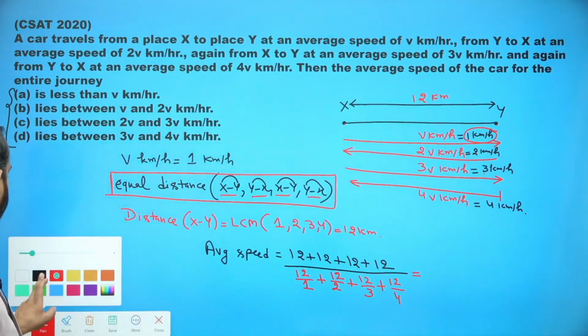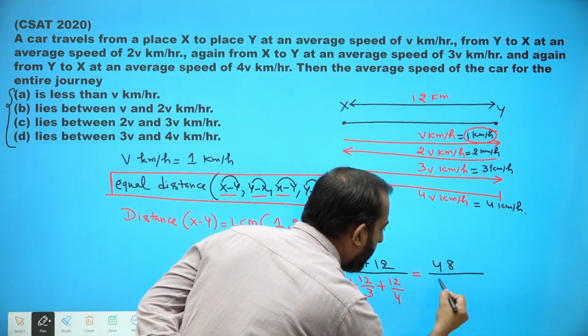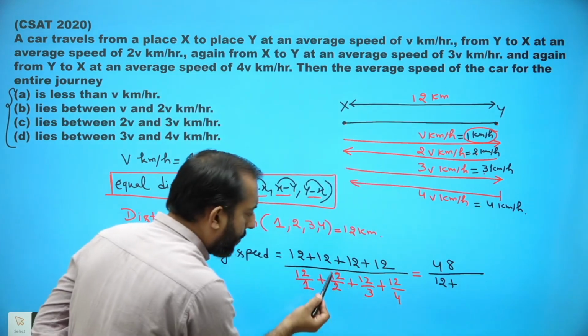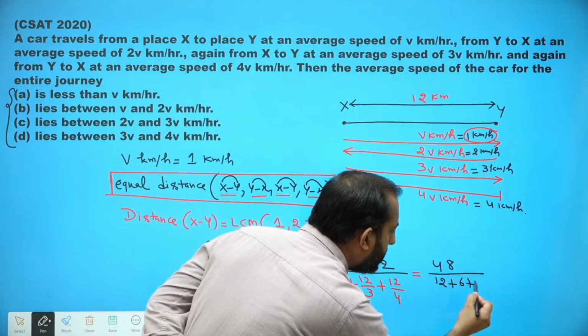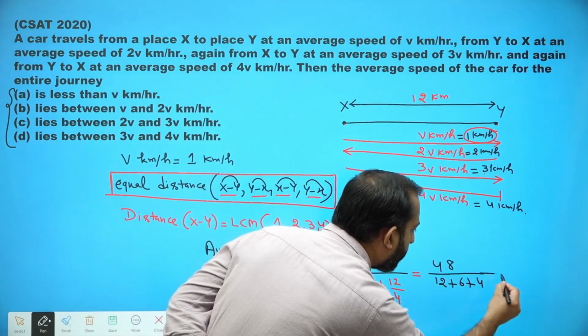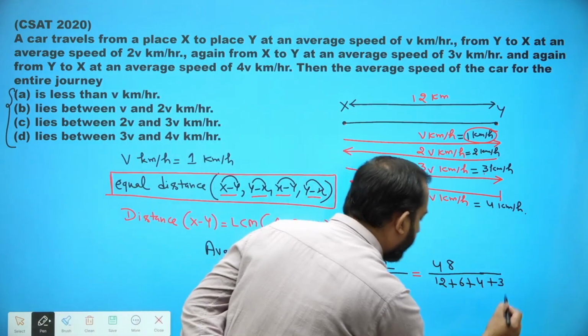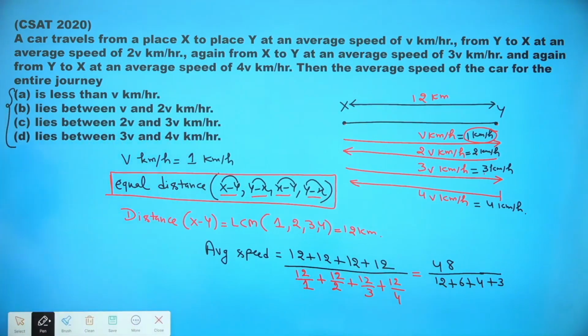Now let's solve this. It comes out to be equal to 48 upon 12 plus 6 plus 12 plus 3, that is 12 upon 3, 4 plus 12 upon 4, 3. Right? 12, 6, 4 or 3.